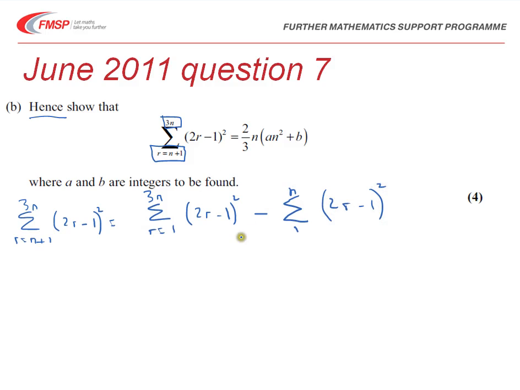So we're going to use the values of 3n and n substituted into the expression that we proved in the first part of the question.